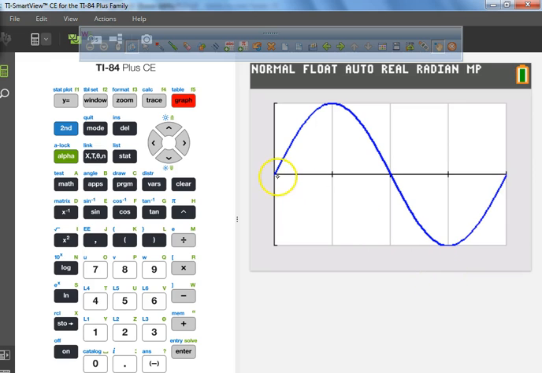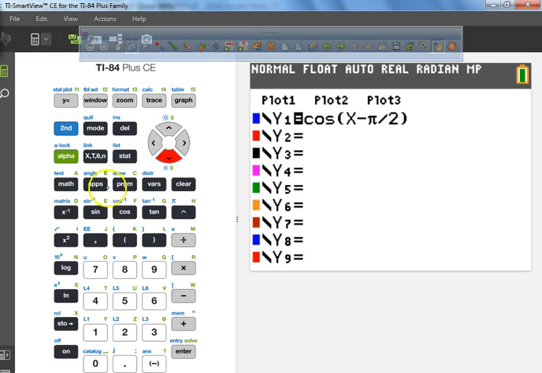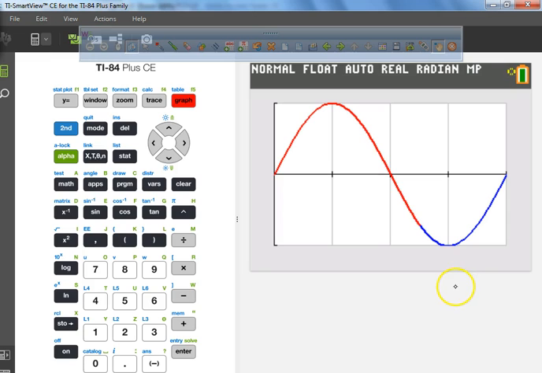And a lot of you looked at that and said, wait a second, that looks just like a sine of x graph. Well, you know what? The sine of x is actually equal to the cosine of x minus pi over 2.